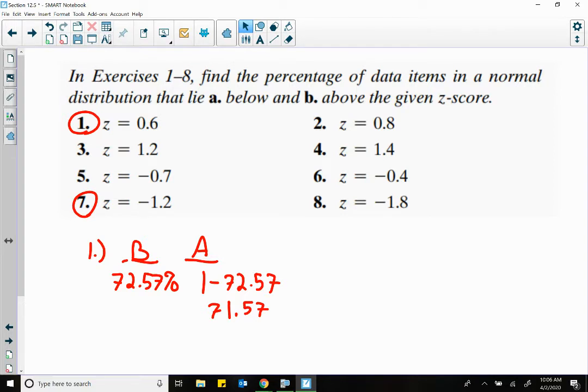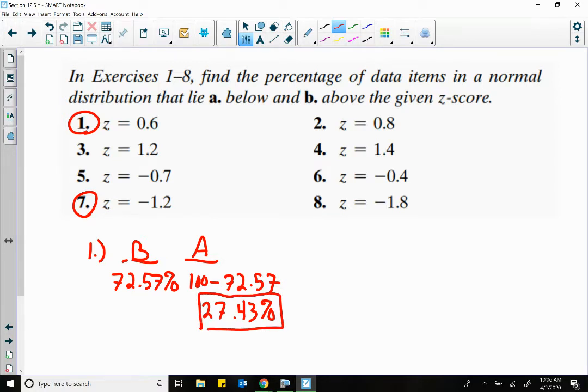So 100 minus 72.57 gives us 27.43%. So that's how many did better than you, and that's what they want. It really is that easy.